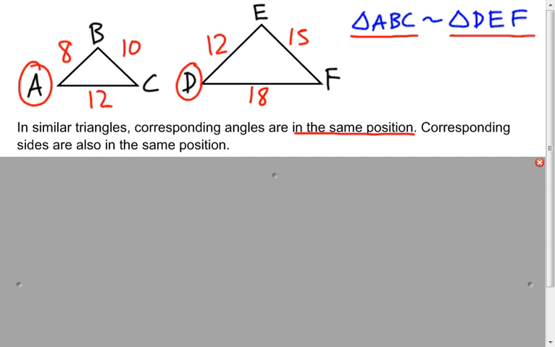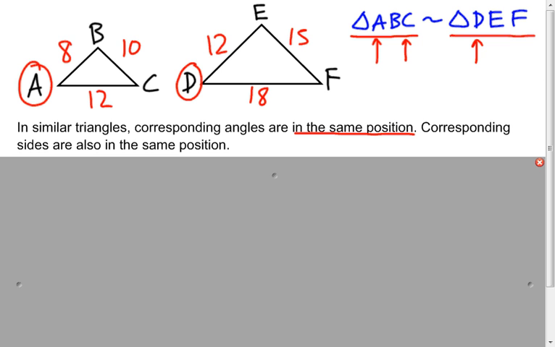There's another way that I can tell corresponding angles. Look at the names. In this triangle, angle A comes first. In this name, angle D comes first. So since they both come first, that means that they're in the same position in the names, which means that they are corresponding. Let me ask you a question. Angle C comes last in the name of this triangle.